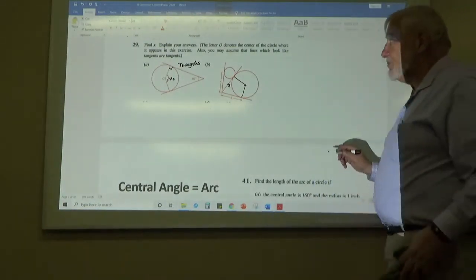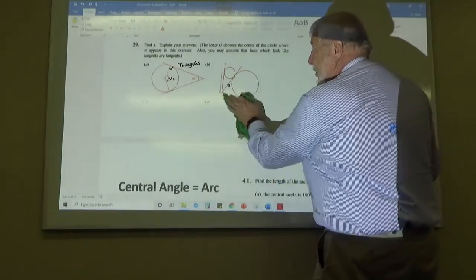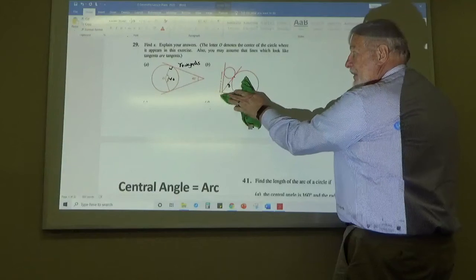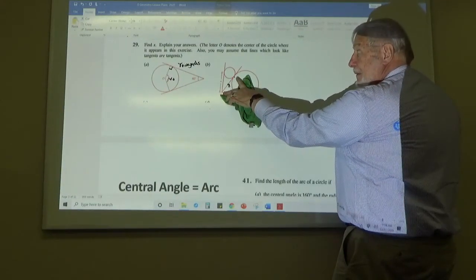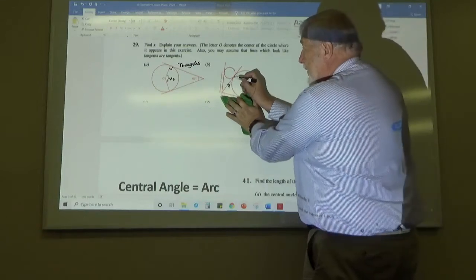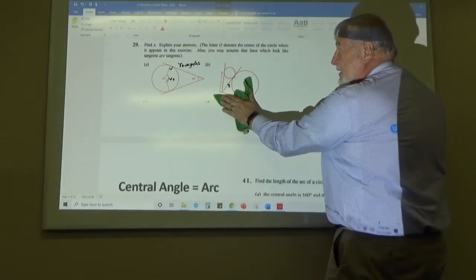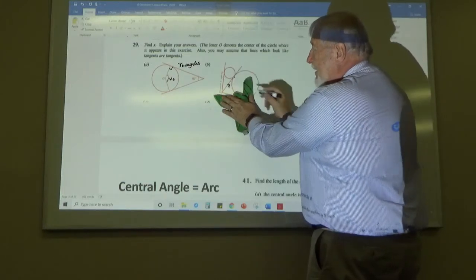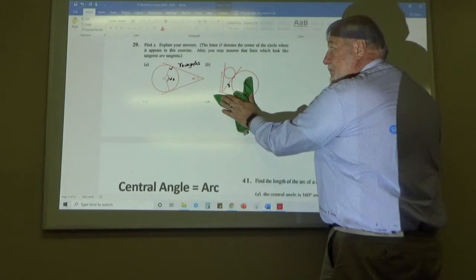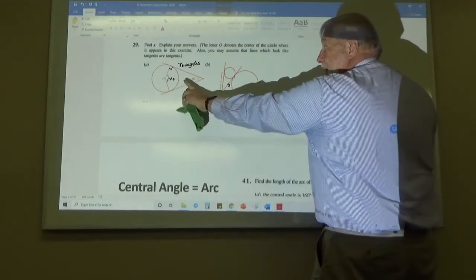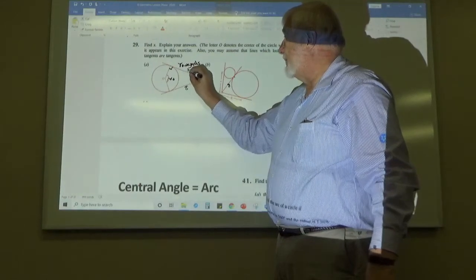But what about the small triangle? Does the small triangle have two tangents coming from a point? Well, one right there, one right there, right? And so, if those are tangents, that means that this line and that line are the same. So x is the same as 8 from the same value that you had over here. See, if this is 8, then this is 8.